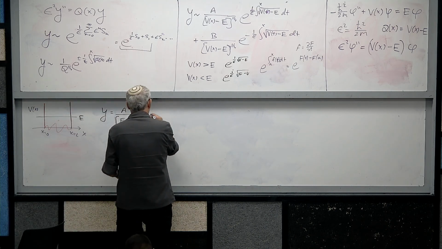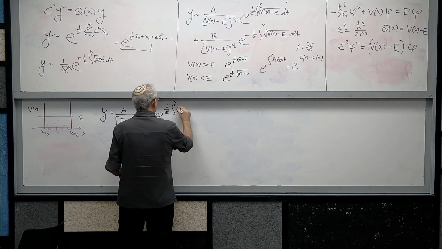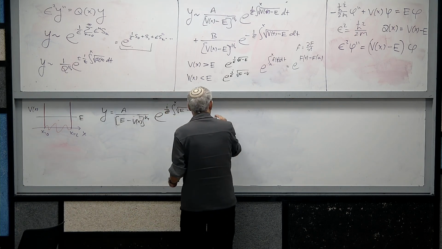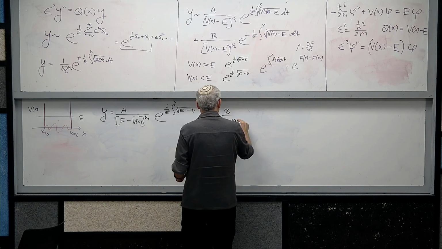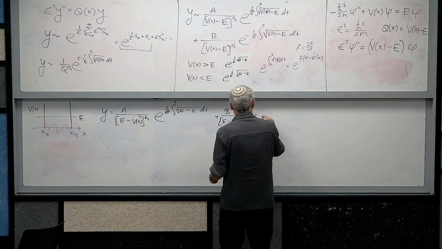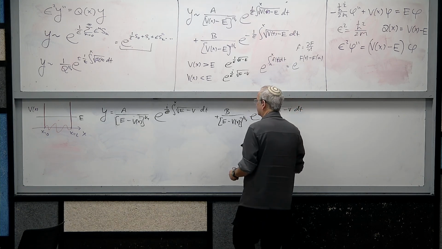So my solution is e to the i over epsilon, the integral up to x of the square root of E minus V dt, plus b over E minus V of x to the power of 1/4 again times e to the minus i over epsilon, the integral up to x of the square root of E minus V dt.